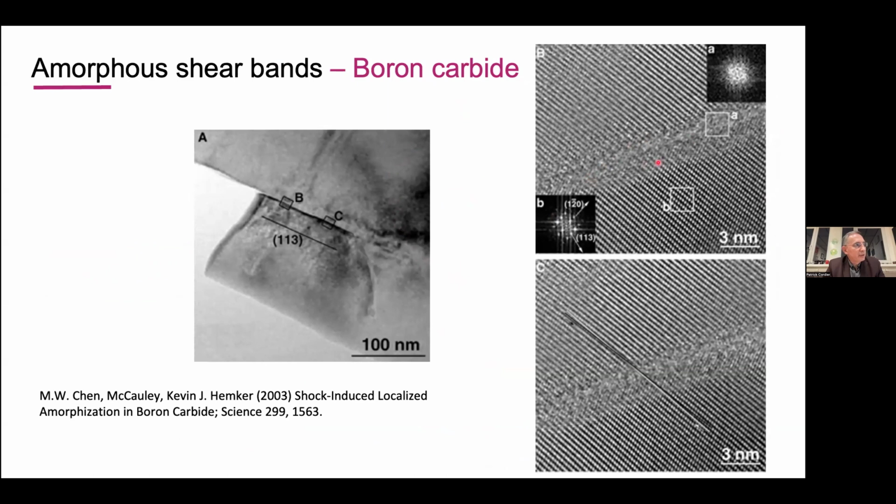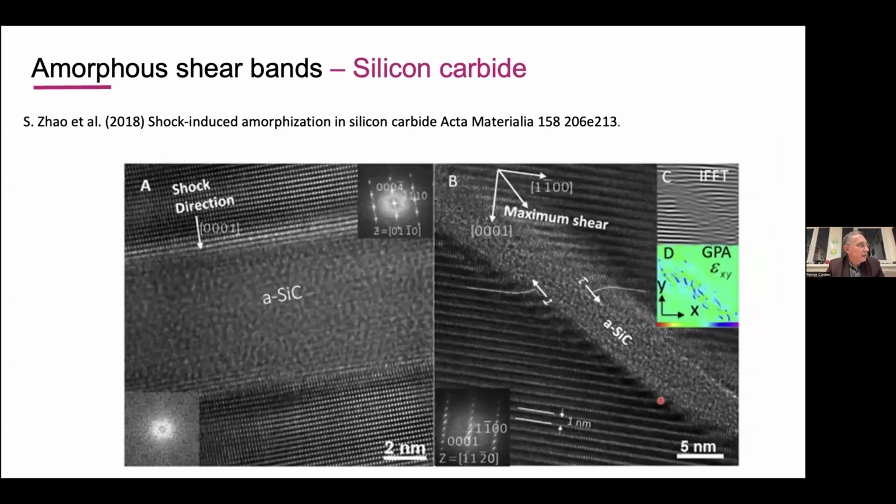They have these lamellae, and with some evidence, as you can see here, of shear across the lamellae. This is boron carbide. Same thing in silicon carbide during shock, and also here they reported evidence of shear along those amorphized grain boundaries.